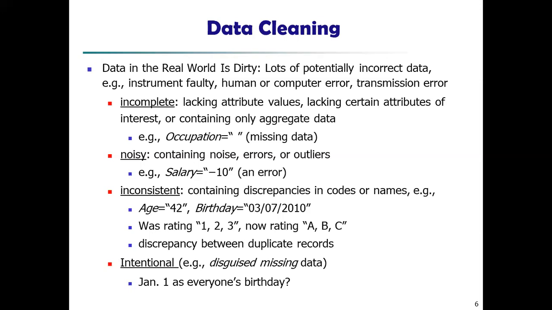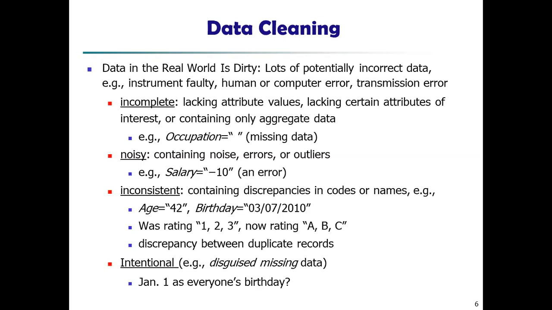Example, age is 42, birthday is 03-07-2010. So it is a mismatch. The birthday date is 3/7/2010, so the age should be 10 or 11 years, but the age is represented as 42. That is the inconsistent data. So based on the birthday date, we have to represent the age.